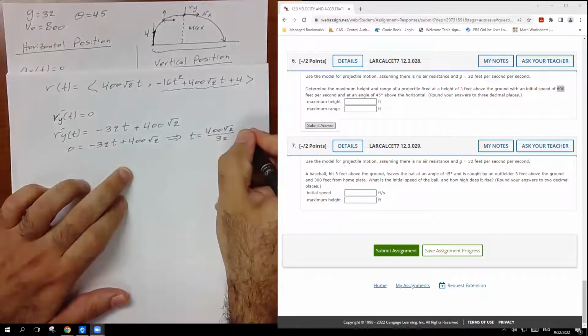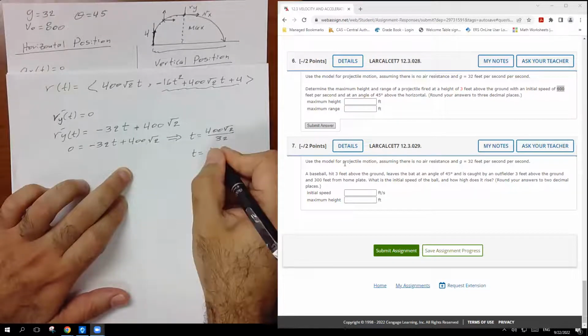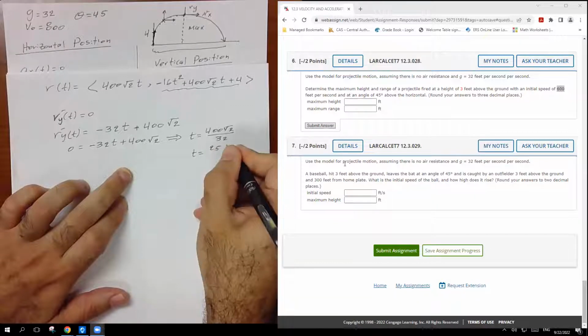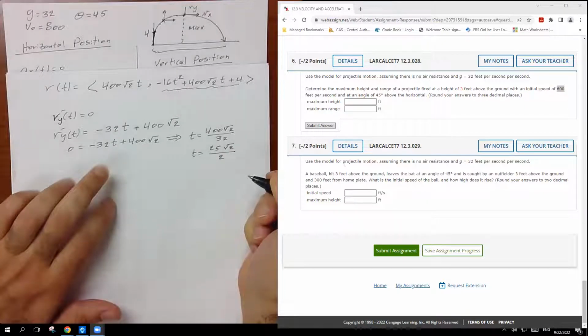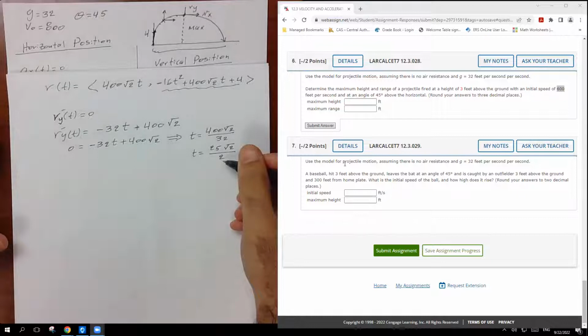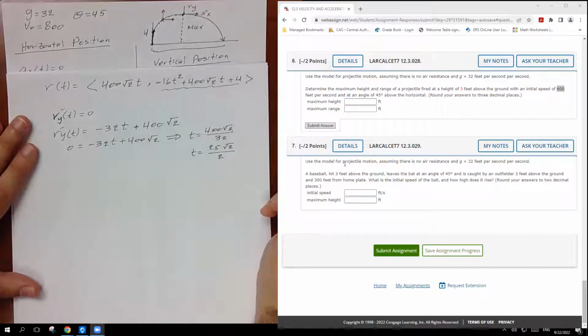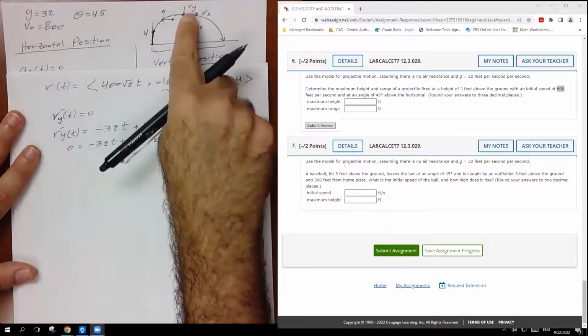So the time is equal to 25 square root of 2 divided by 2. You can simplify this one, but it's going to be the root here, so just keep it like this. This is our time at the maximum height.